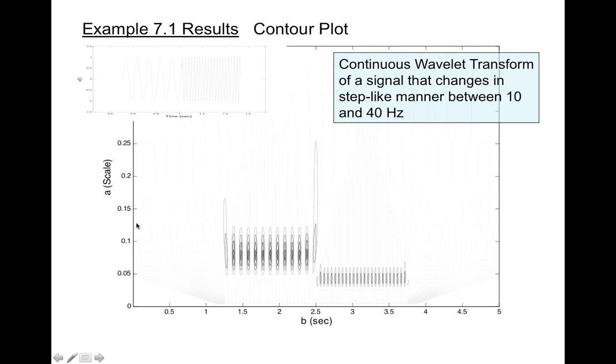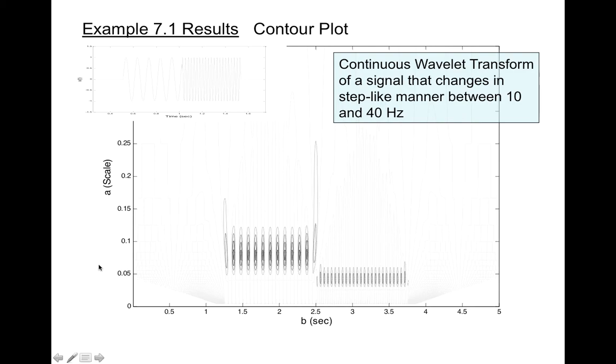Notice you have quite a bit of time here before you actually pick anything up. And then you have time here after the second part of that signal is gone. So the wavelet has like a finite duration.